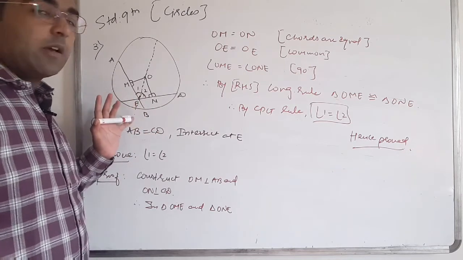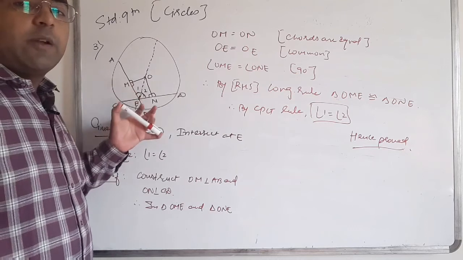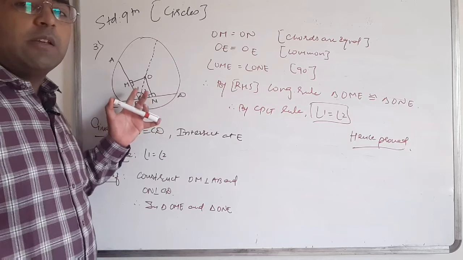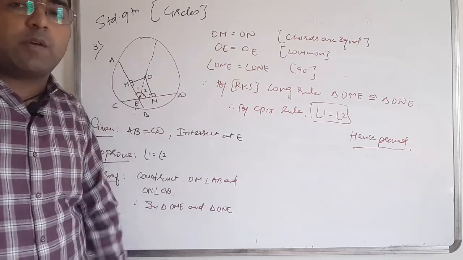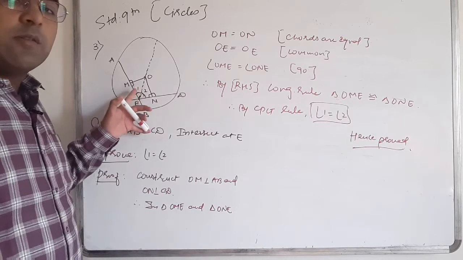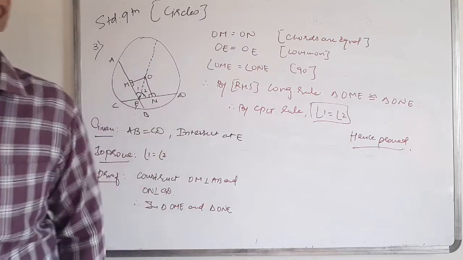We have to prove that when two chords intersect at a point, the angles formed with the line from the center are equal. Okay, so that kind of angles, that are 1 and 2. So now please note down this.